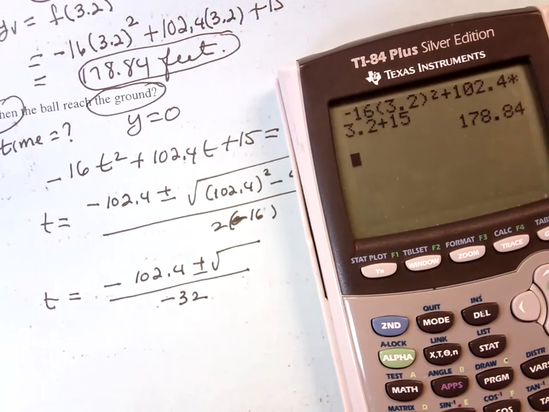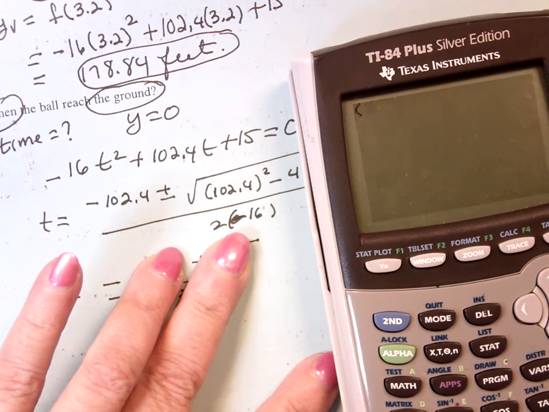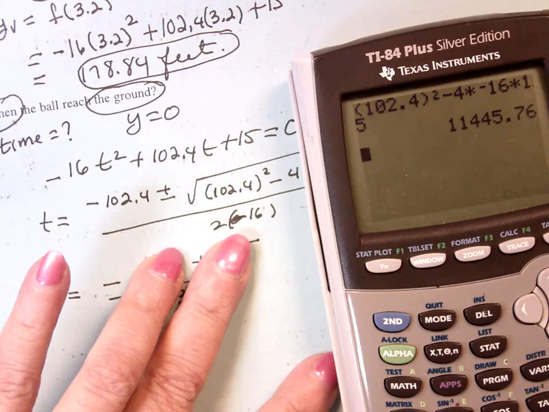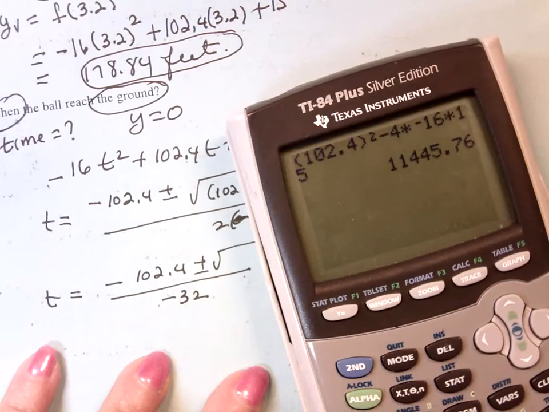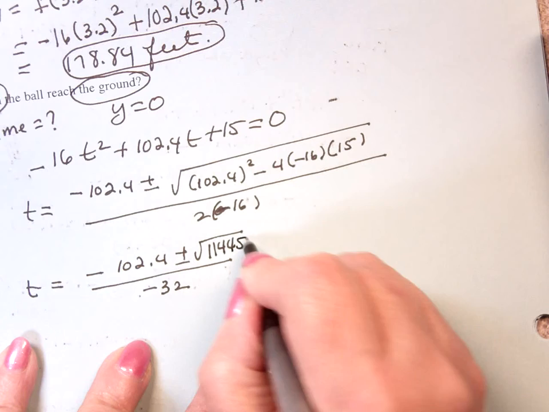And now I pull out my handy dandy little calculator. I'm only going to do what's under the radical. So it's going to be 102.4 squared minus 4 times negative 16 times c, which is positive 15, which is 11,445.76.